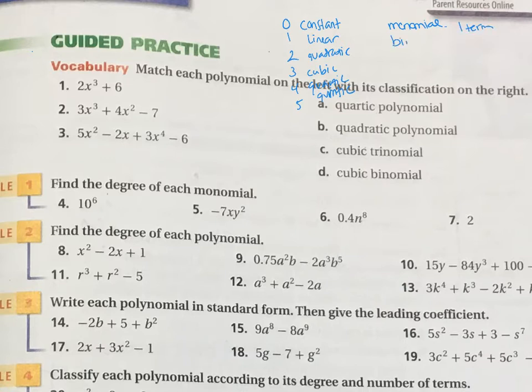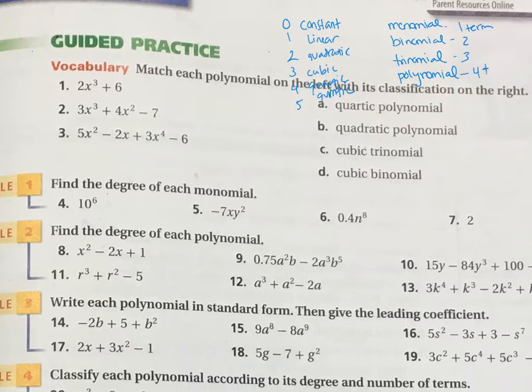And then there's a binomial, 2 terms. And a trinomial, 3 terms. And after that, everything is just called a polynomial. So 4 or more. The prefix poly means many.